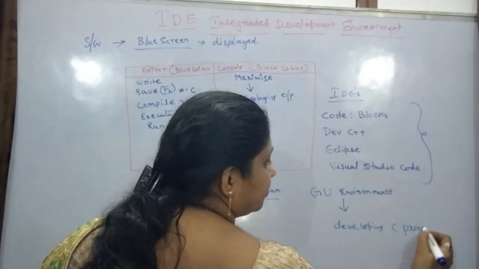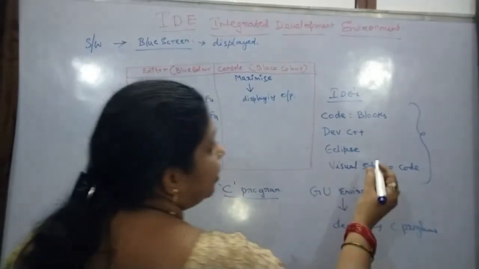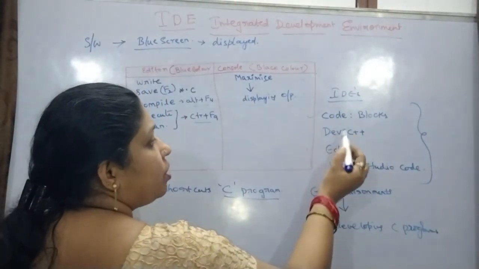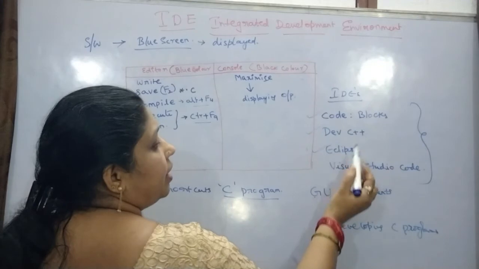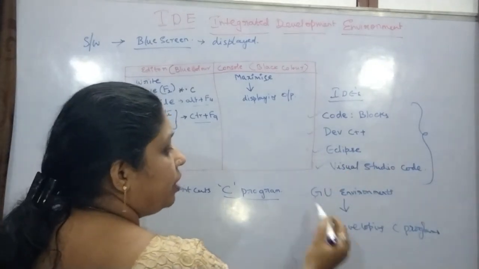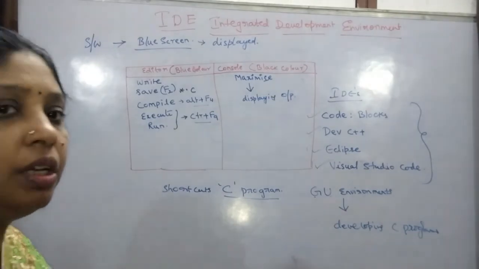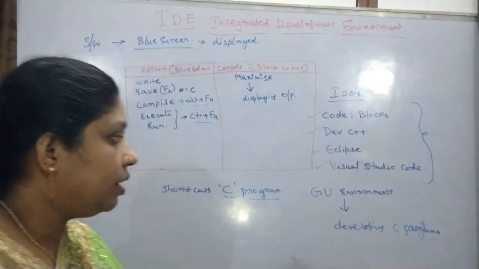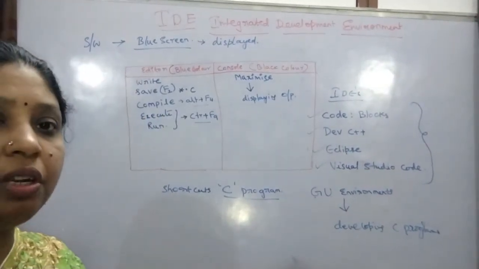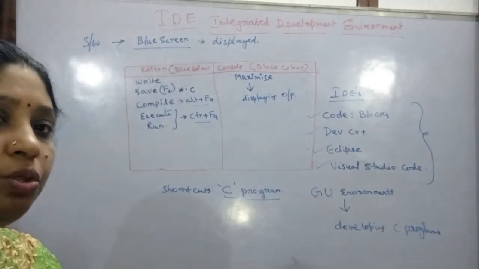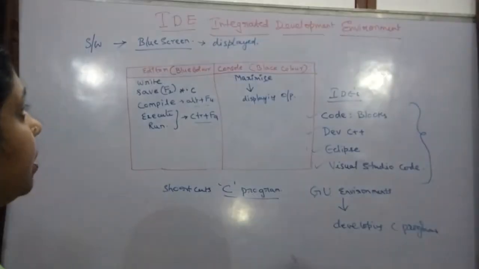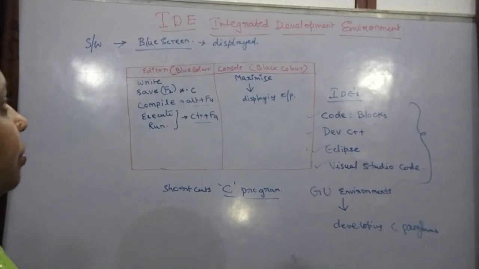So nowadays Code Blocks, Dev C++, Eclipse, Visual Studio Code and all these IDEs are used for C programs. Hope you understood this IDE.